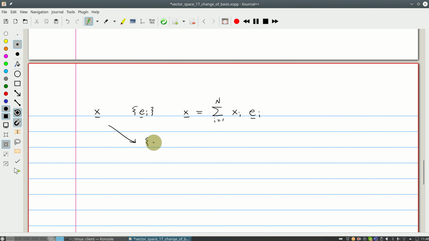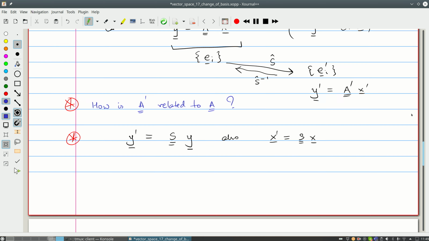So in the primed space, we will have x is equal to the sum, i goes from 1 to n, of x_i prime e_i prime. Now we know that the e_i primes are related to the e_i through this relation. Now let's see if I remember it.